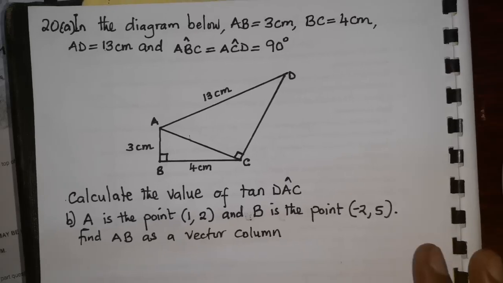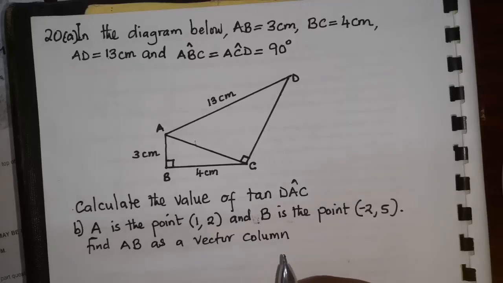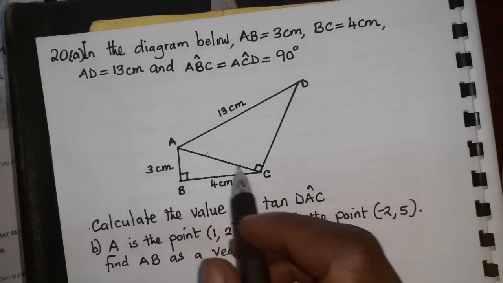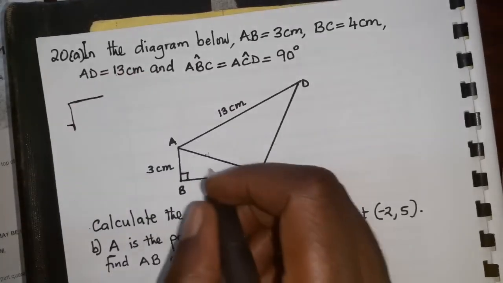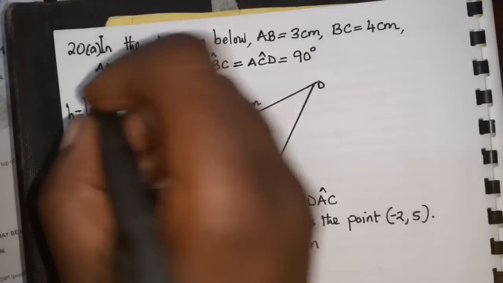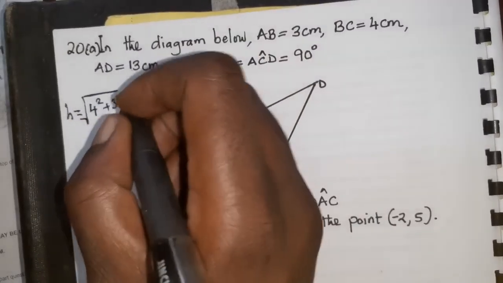Now, you know this is Pythagoras theorem, and I do not think that by the time we're in grade 12, we should struggle with Pythagoras theorem. So to find this side, which is the hypotenuse, it's going to be equal to 4 squared plus 3 squared.